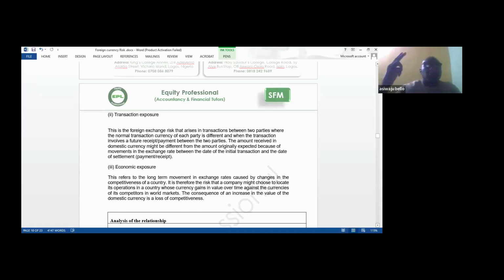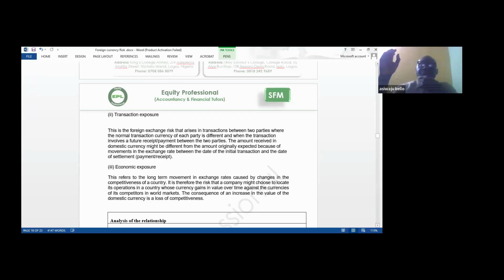Transaction exposure is the foreign currency risk that arises in a transaction between two parties where the normal transaction currency of each party differs.